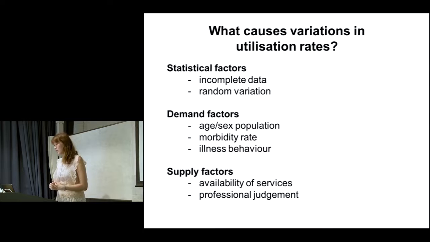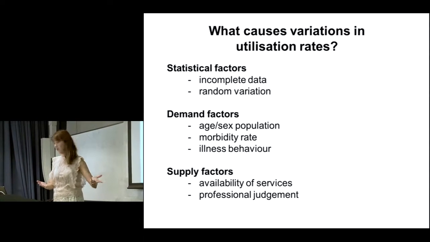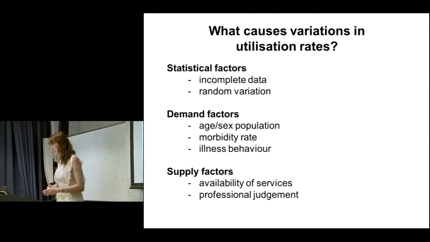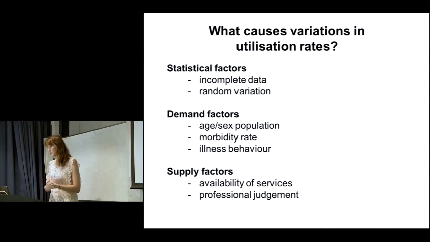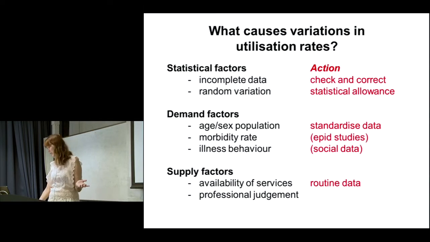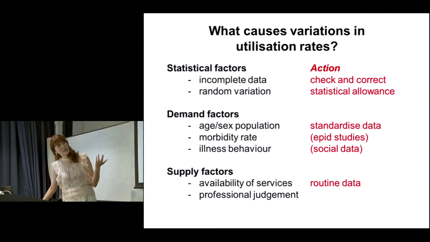Okay. Also, on the supply side, the availability of services is pretty standard, and we can measure that very easily. We know that professional judgment varies a lot between countries, as we've seen. How do we find out and adjust for these things?